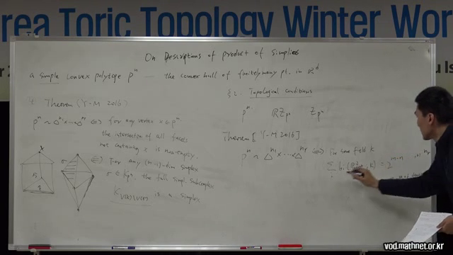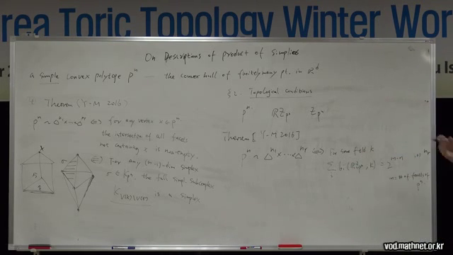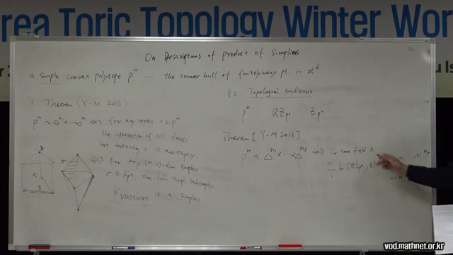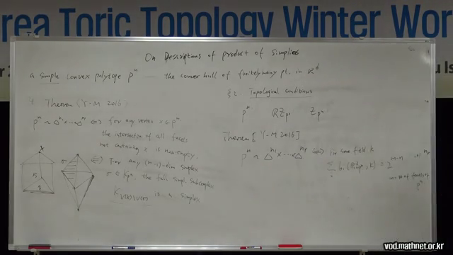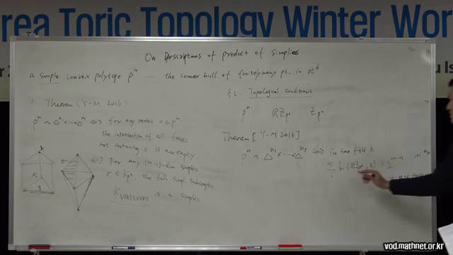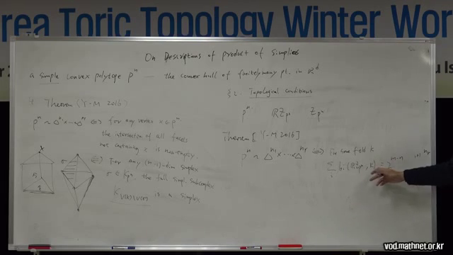For some field: as long as there is a field k for which this holds, then it must be a product of simplices. So any field is okay. The summation of all the Betti numbers with k coefficient is 2^(m-n).